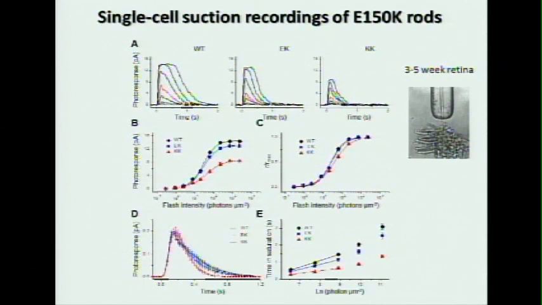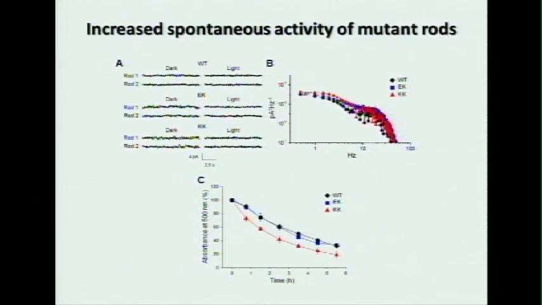The recovery time from saturating flashes is also accelerated in the homozygous mutant mouse, indicating accelerated transducin PDE inactivation in the mutant mouse. We can also see the dark noise increased in the E150K homozygous mouse.